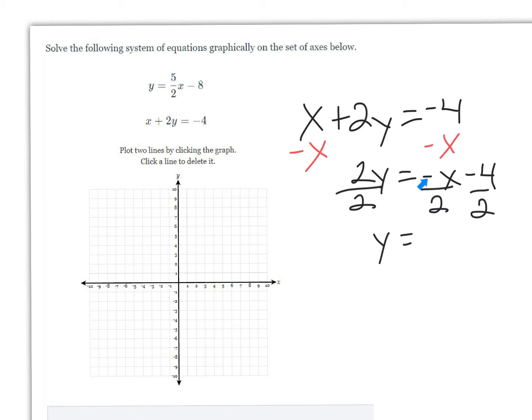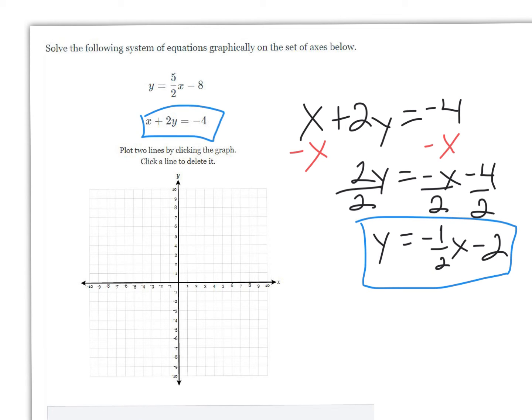Here we have a -1x over 2, or divided by 2. We'll just write that as a fraction. That's -1/2 x. And then we have -4 divided by 2. Well, -4 divided by 2 is -2. All right, so that's now the same equation as that one, but it is written in slope-intercept form.